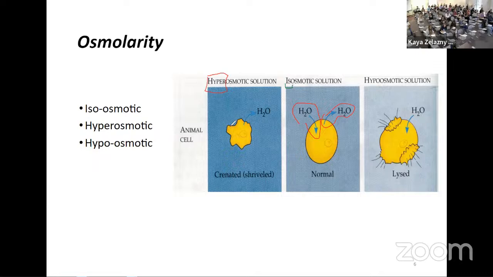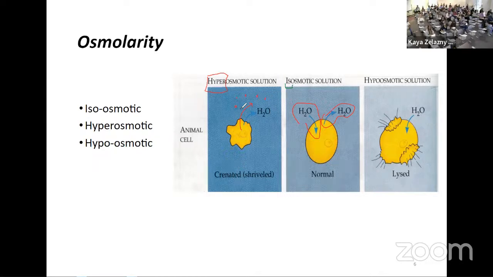So hyperosmotic solution, we're going to think lots of solute concentration out here. So maybe instead of 300, it's like 400 or 500. We're going to have water move towards our greater solute concentration. So we're thinking lots of solutes outside.